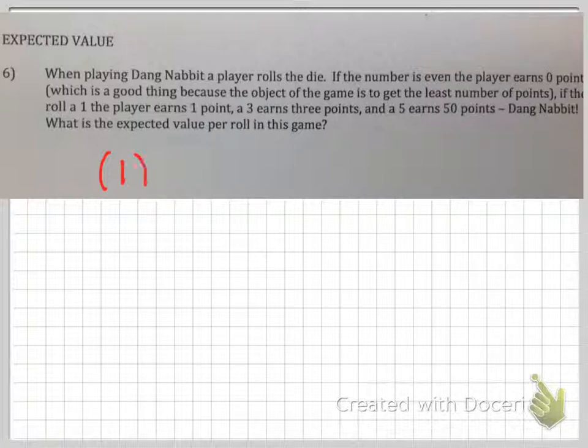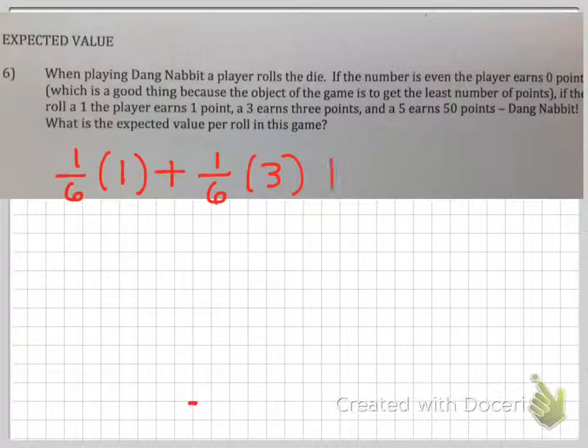I can get 1 point as an outcome, and the probability of that is 1 out of 6, plus I could also get a 3 in this game. Probability of that is 1 out of 6. Plus, I could also get a 50 in this game. That's the worst one, and there's a 1 out of 6 chance of doing that. So when you do the math, type it in your graphing calculator, you will come up with the expected value of 9.